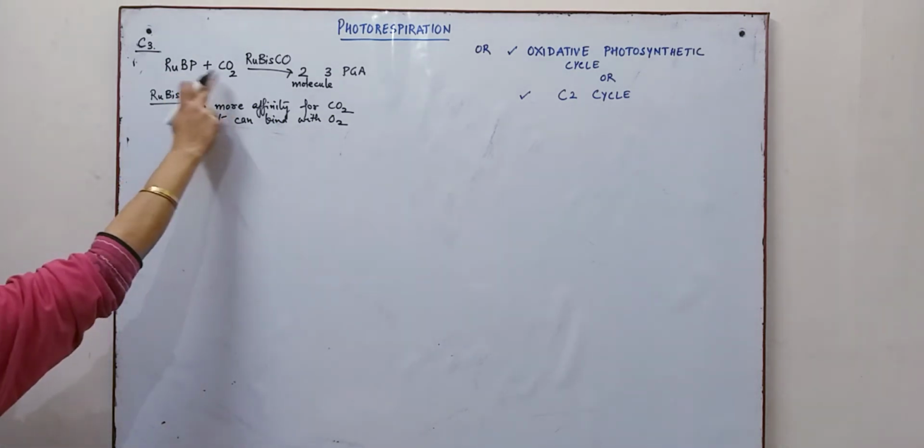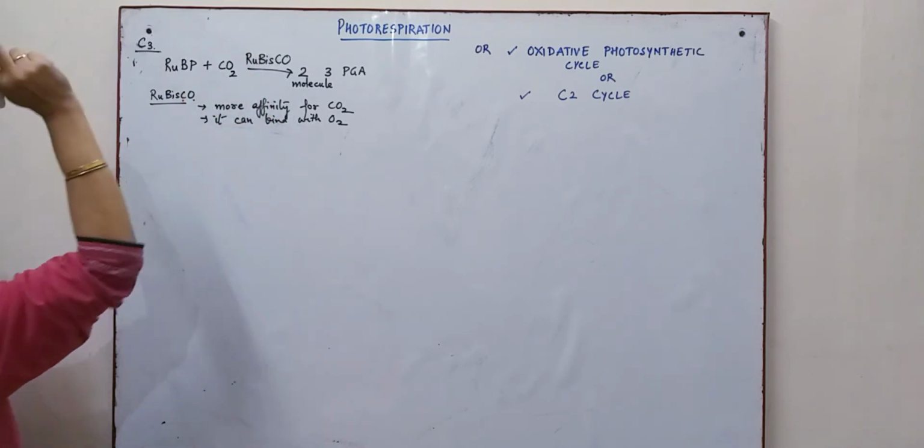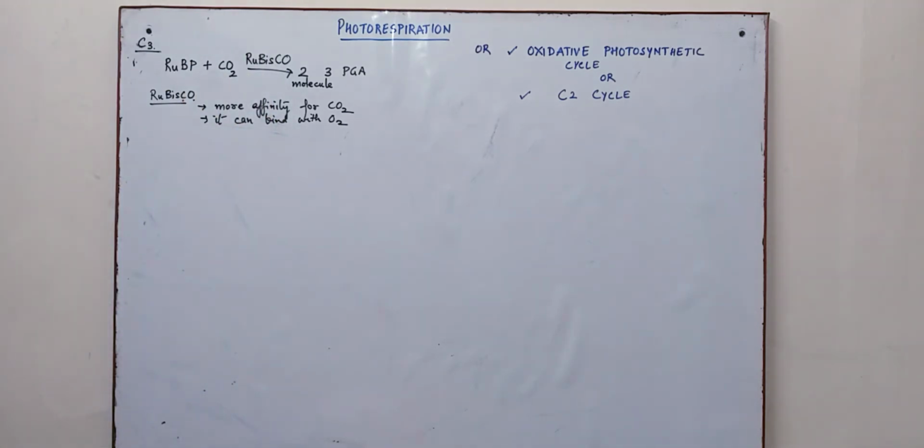So over here, since it is combining with carbon dioxide, Rubisco is functioning as a carboxylase. Now, this active site binding is competitive in nature, so the concentration of oxygen and carbon dioxide will decide which one will bind with the enzyme.